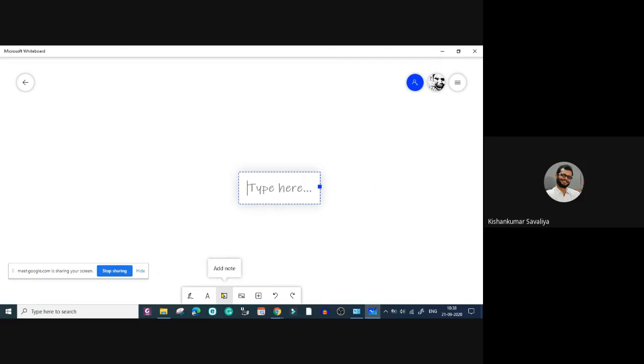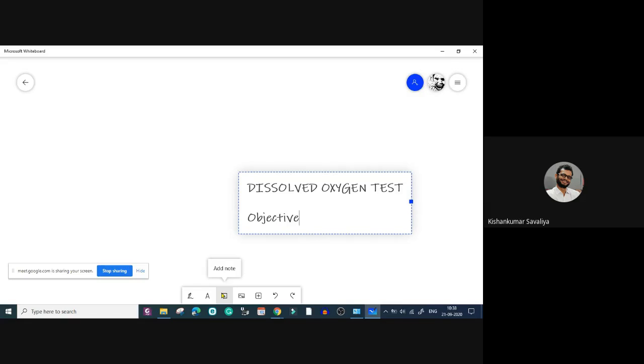Yes, so we are performing the dissolved oxygen test. Okay, so what is the objective of our test? You need to write it down in your notebook.